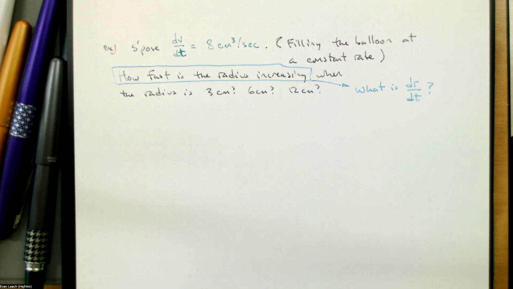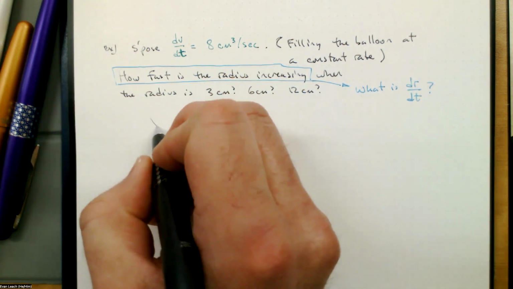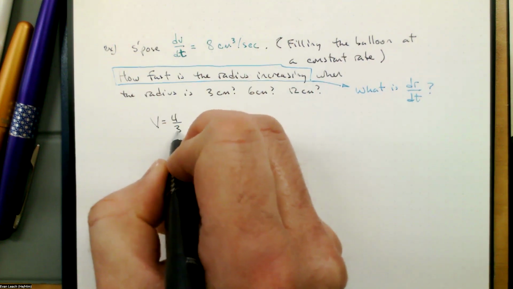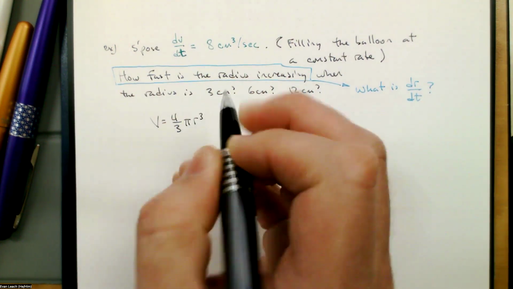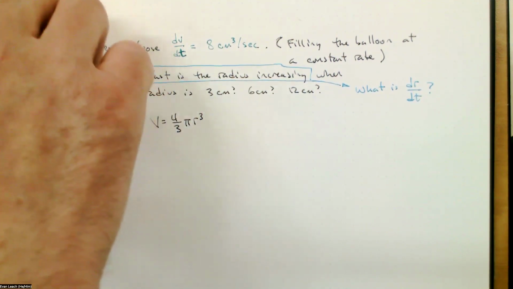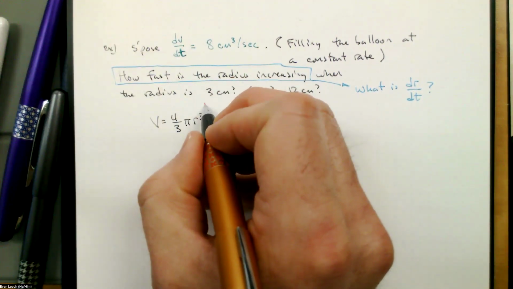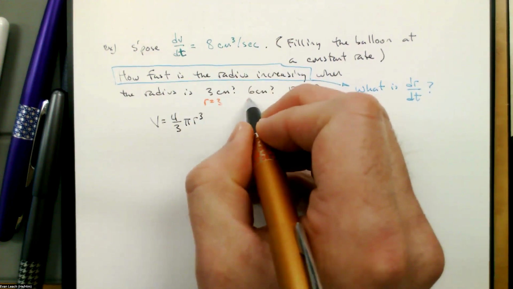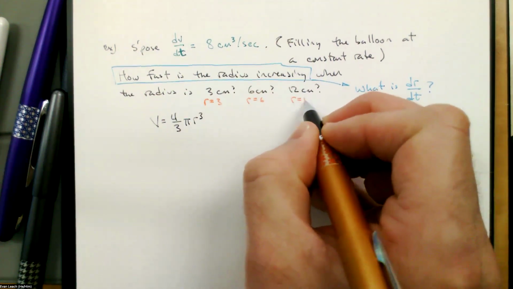And we want to do this not at different times, because even though we're measuring over time, time is not one of our variables. We're going to start by writing V equals 4/3 pi r cubed. So I want this at different radiuses. Here r is 3, r is 6, and r is 12.